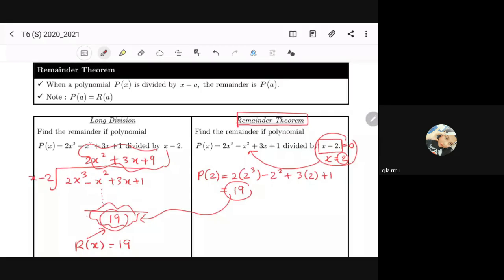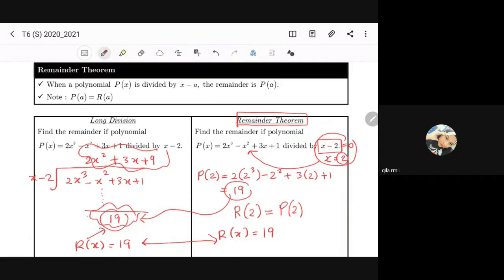Automatically, we will get the remainder. So remainder when x equals a number equals polynomial when x equals that number. So for this case, remainder equals 19. Sama je dengan guna long division.